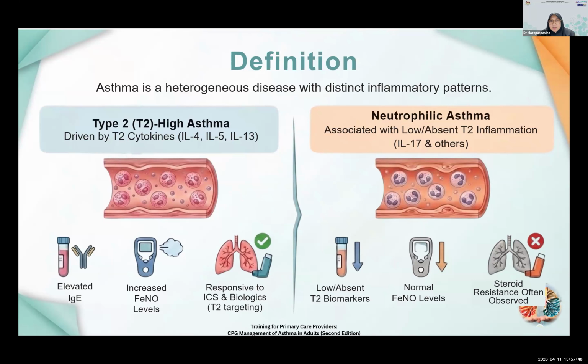The next group is neutrophilic asthma, which is associated with low or absent T2 inflammation. So it relates to low or absent T2 biomarkers and normal FeNO levels, and steroid resistance is often observed.